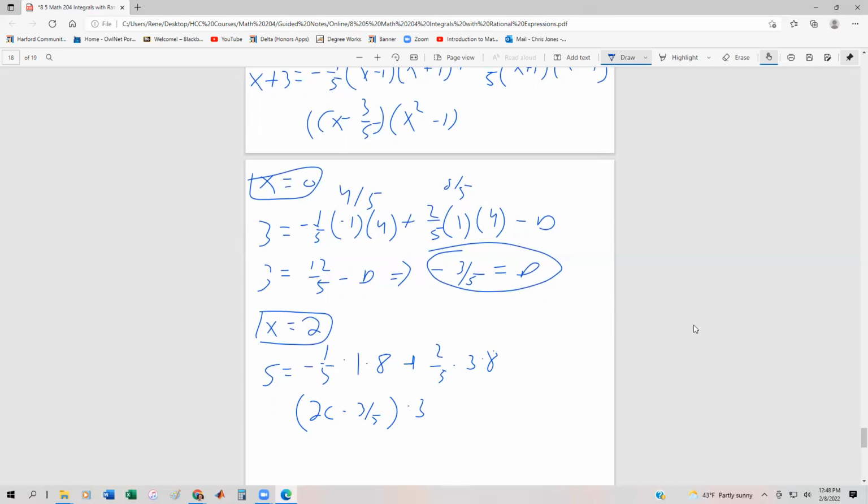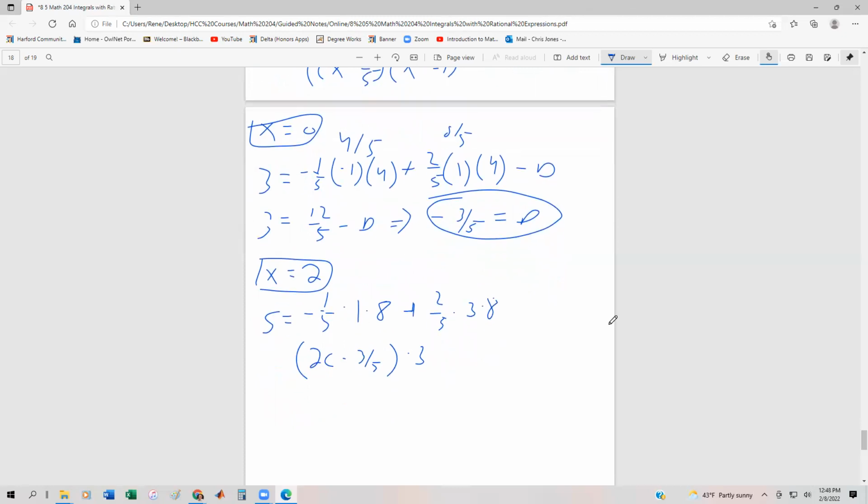Okay, so this time I am going to multiply through by 5 to clean up the denominators. So that's going to be 25 equals negative 8 plus, that 5 is going to cancel if I multiply through, and that's going to be 48, I believe. And if I multiply through by 5, this is going to become a 15. So we wind up with 30c minus 9, just by distributing this.